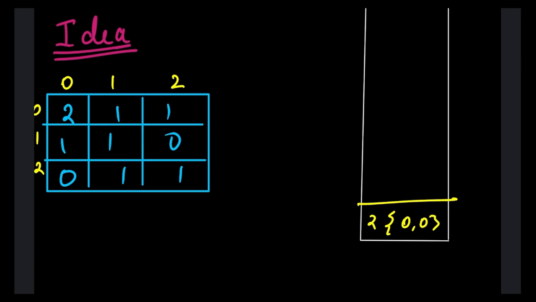This one is rotten. Then we will check for its neighbors. Its neighbors are this one and this one. We will push these two, and this.